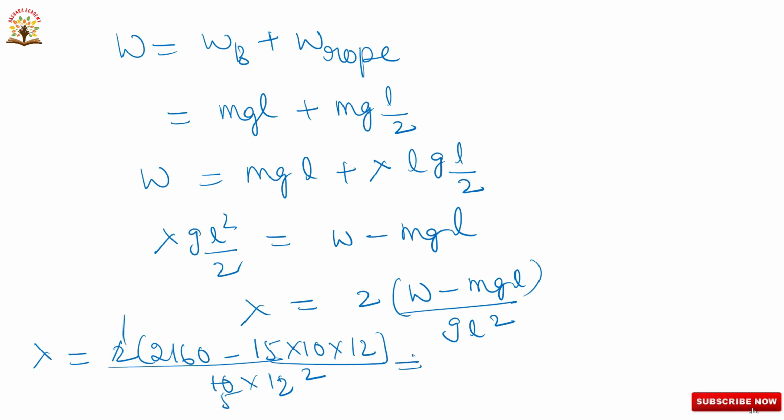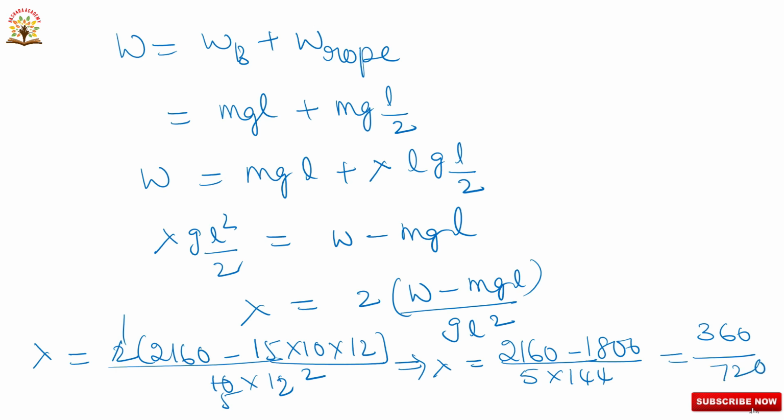So that implies lambda is equal to 2160 minus 1800 by 12 square into 5, 12 square is 144. So after subtracting, 360 by 144 into 5, 720. So 0 gets cancelled, 36 ones, 36 twos. So lambda is equal to 1 by 2 kilogram per meter.